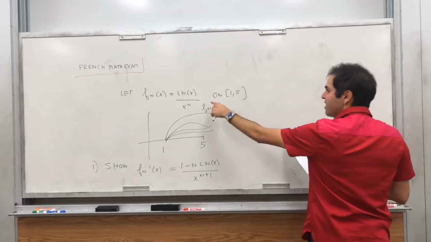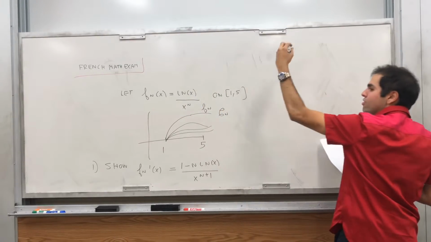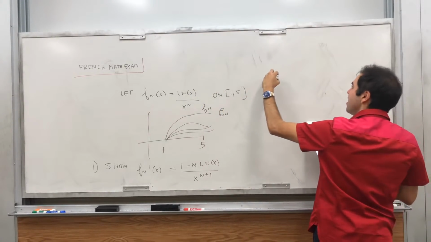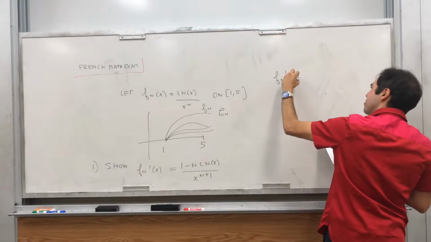So let's calculate this. For the derivative, we want to use the quotient rule.